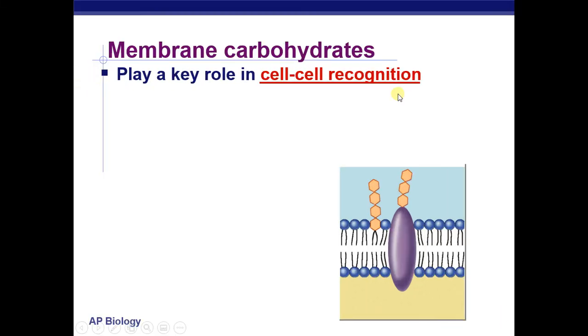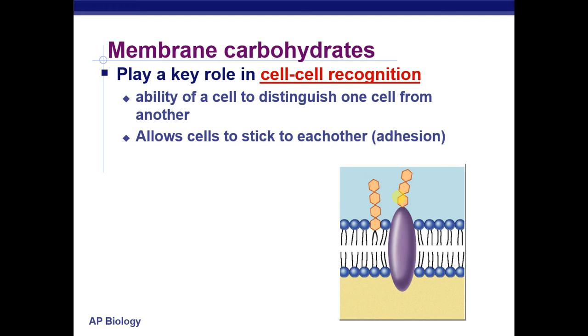On some of the proteins that you will find in the cell membrane, you'll see that they have carbohydrates attached to them. And these carbohydrates play a key role in two cells recognizing each other. Whether it's two blood cells or a blood cell and a liver cell, they play a key role in recognition.